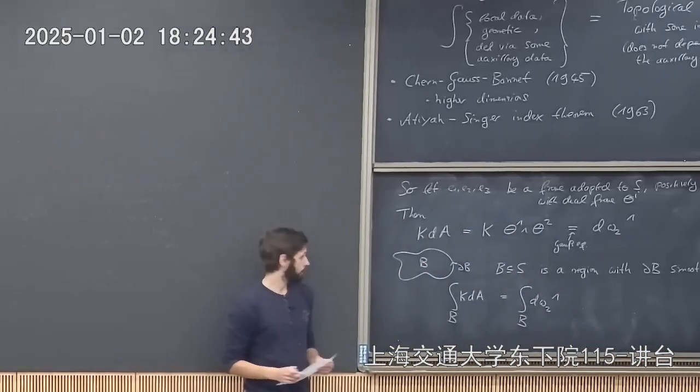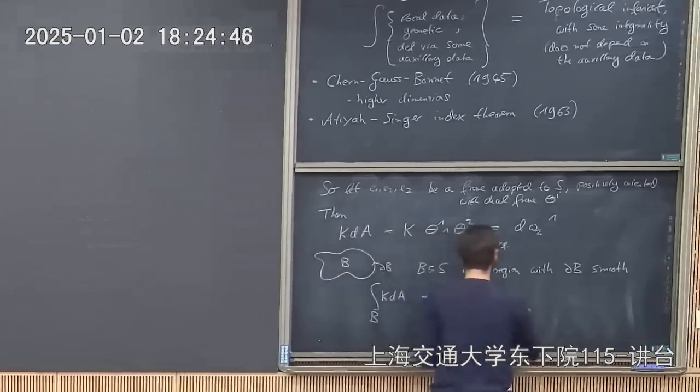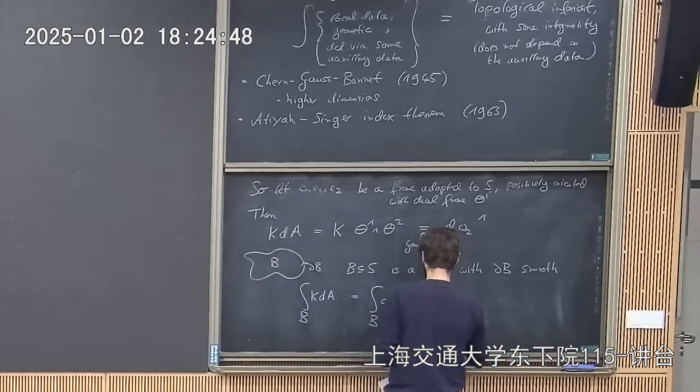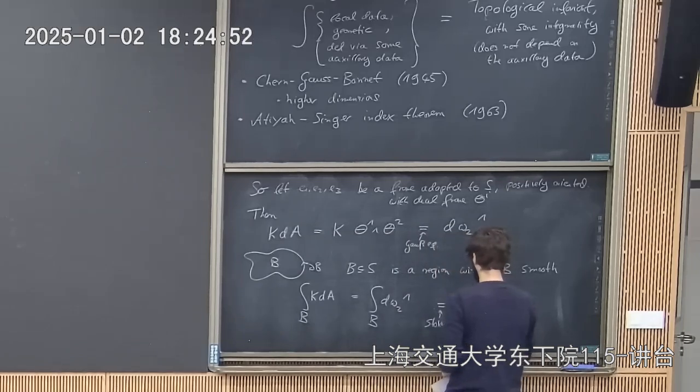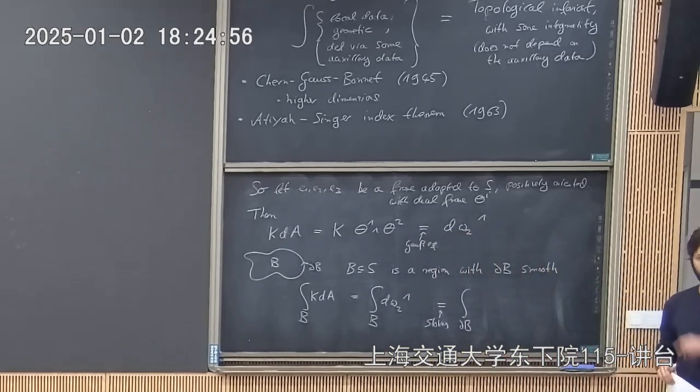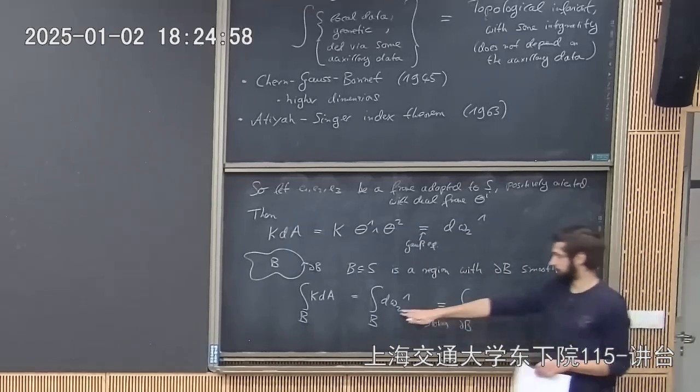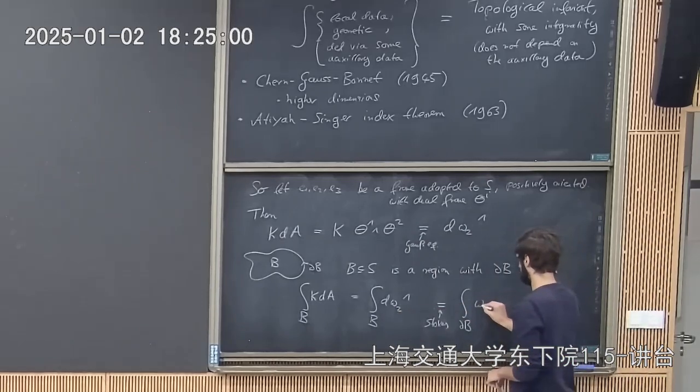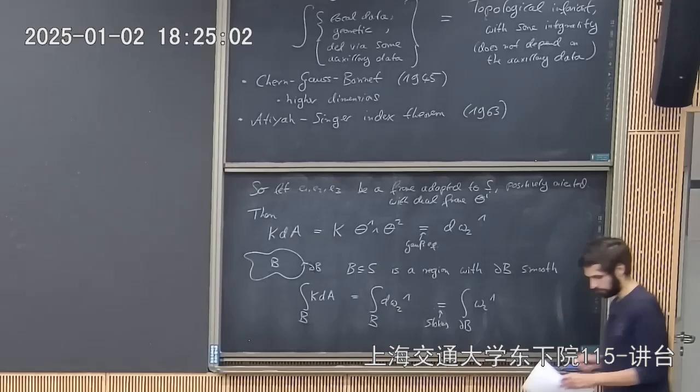And now we use our Stokes theorem we had at some point, and we can write it as the integral over the boundary curve of this one-form that is given by the connection form.